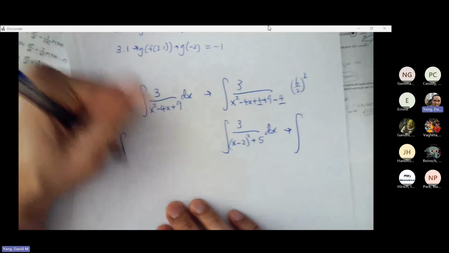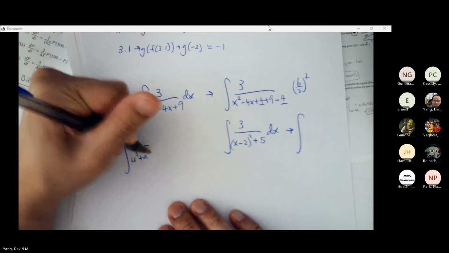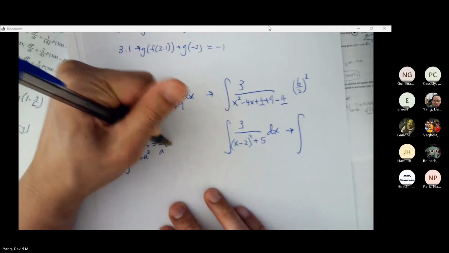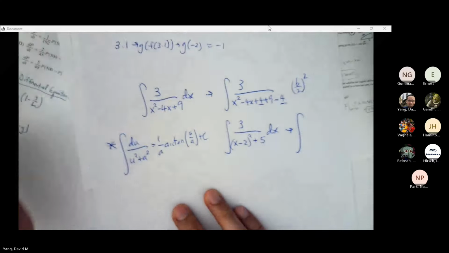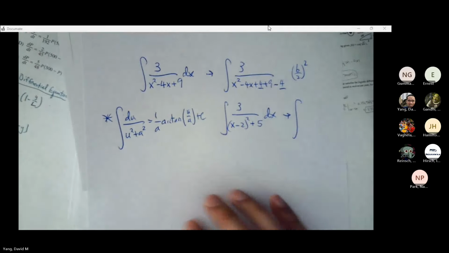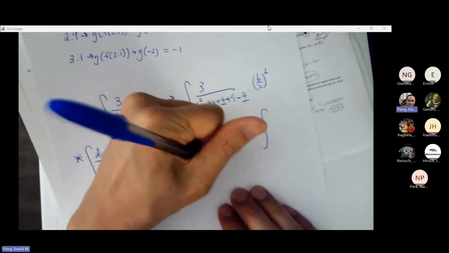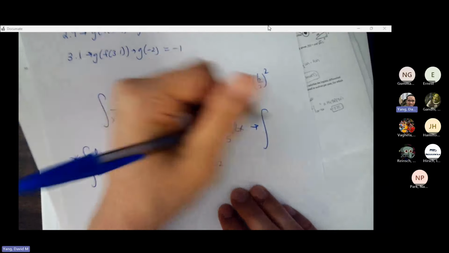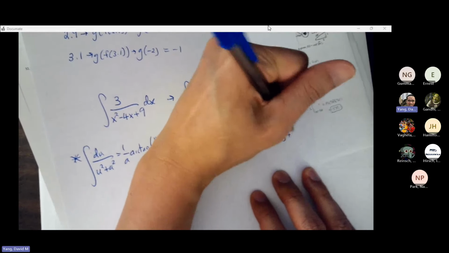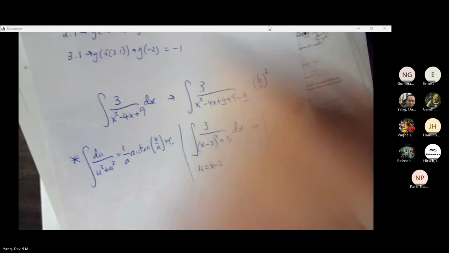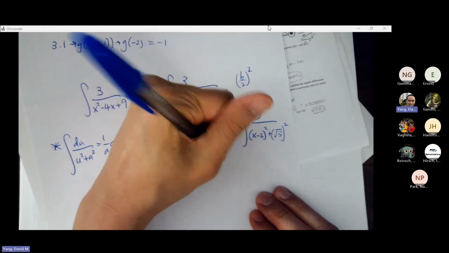Here's our integral rule for arctangent. So my u value is x minus 2. But I do need to get that second set of parentheses to show up. These are the same things, right? Okay. So my a is √5.